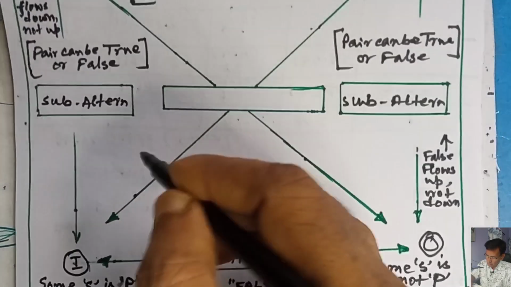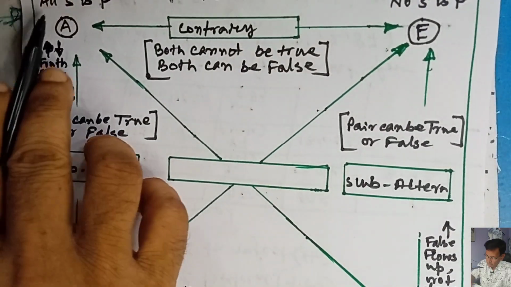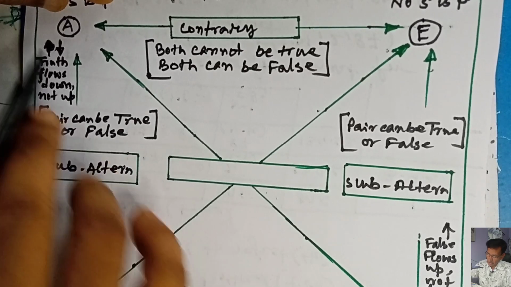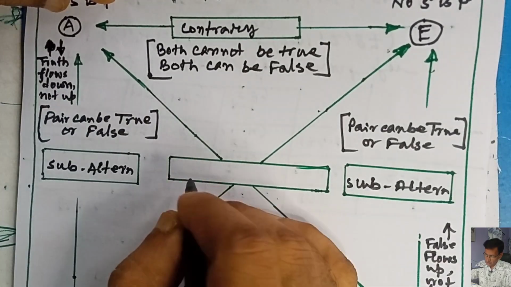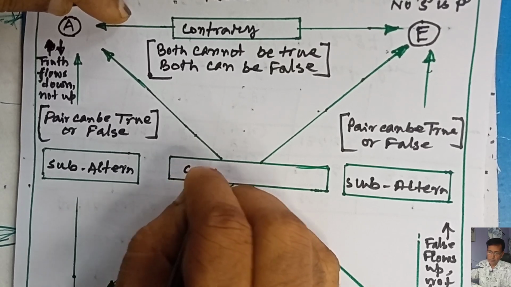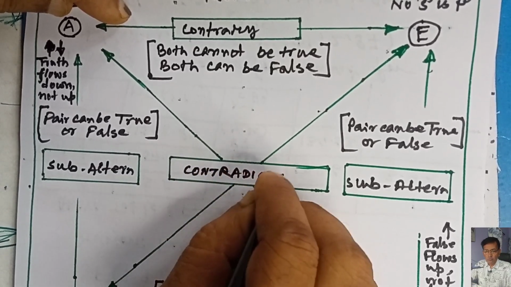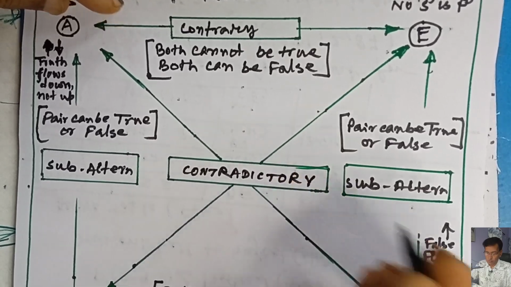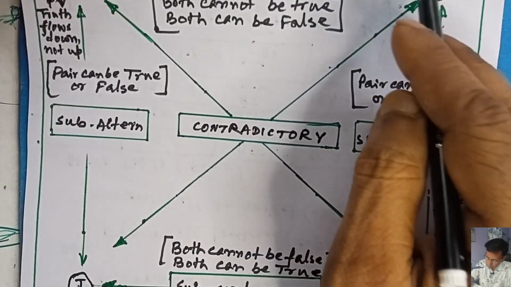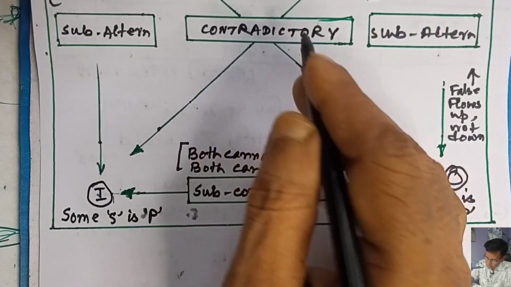Now there is diagonal relationship too between A and O. All S is P, some S is not P. This diagonal relationship is contradictory. Between E and I, no S is P, some S is P. This is contradictory.